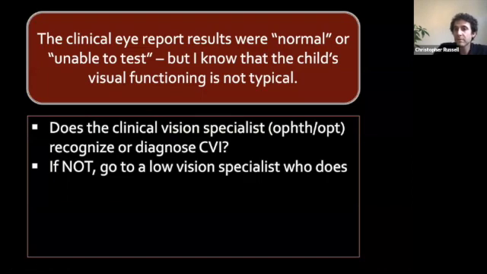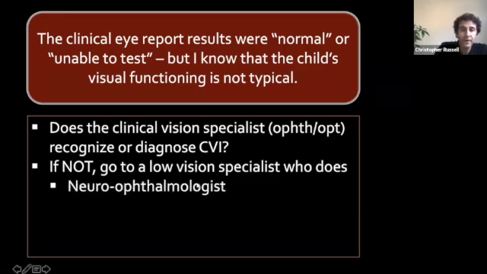I'm sure that between this wide community, you can find people in your area that do have expertise in this, or at least are able to diagnose it. It could be a neuro-ophthalmologist, but it doesn't have to be. And also don't assume that all neuro-ophthalmologists can diagnose CVI. Often neuro-ophthalmologists are trained in diagnosing neurological visual processing disorders like dyslexia, synesthesia, depth perception issues, some of these other ones, prosopagnosia, and things like that.